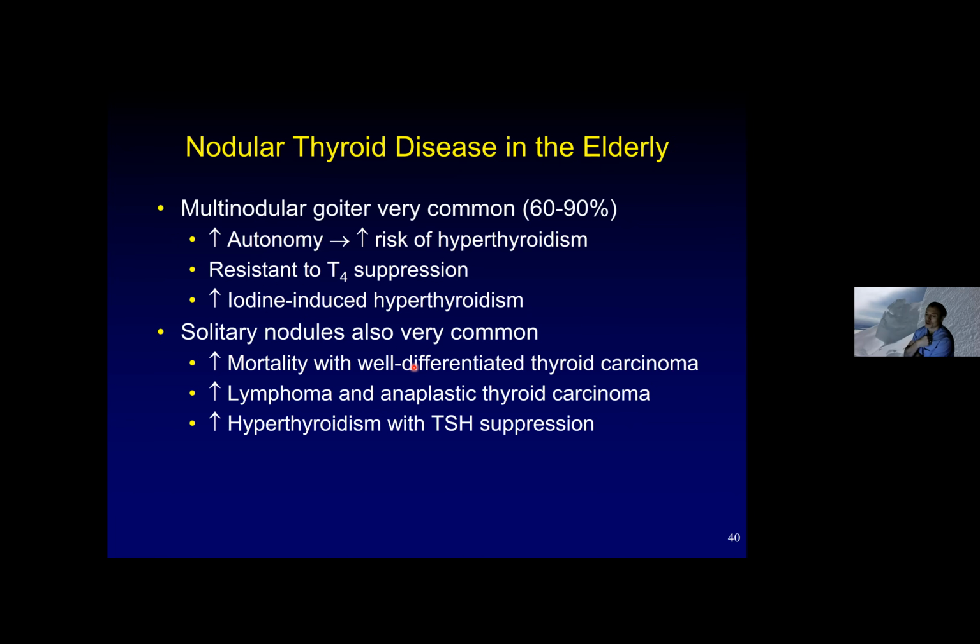And there's an increased mortality with well-differentiated thyroid carcinoma in the elderly. There's also an increased prevalence of lymphoma and anaplastic thyroid cancer, and increased incidence of hyperthyroidism with TSH suppression.